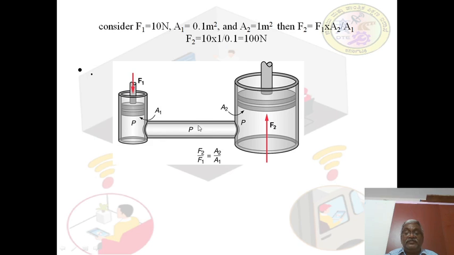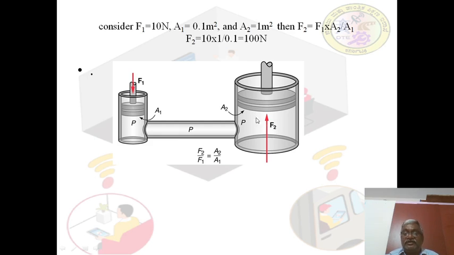According to Pascal's principle, the pressure created here is P, 100 Newton per meter square. The same pressure is transmitted in all directions. At any point in this liquid you check the pressure, it will be 100 Newton per meter square only, because it has to obey Pascal's principle.